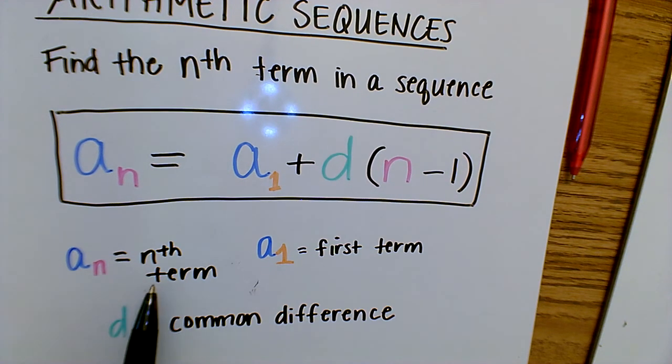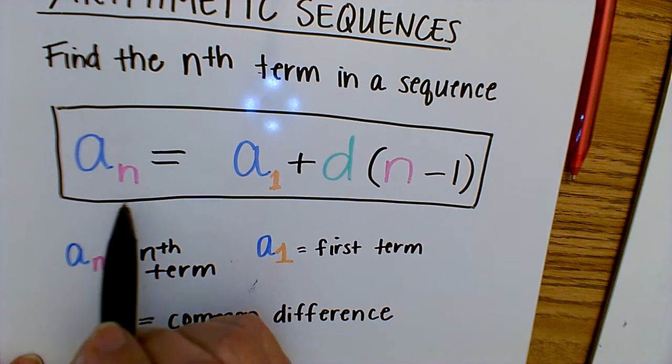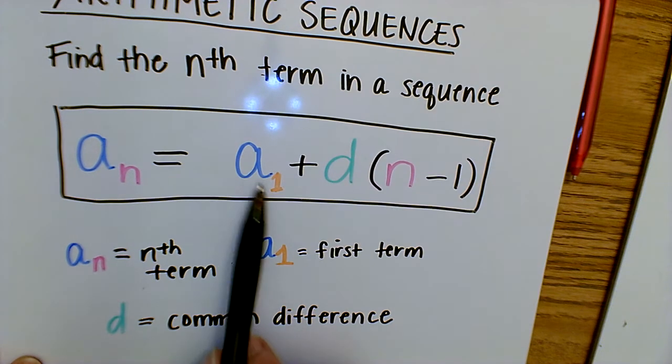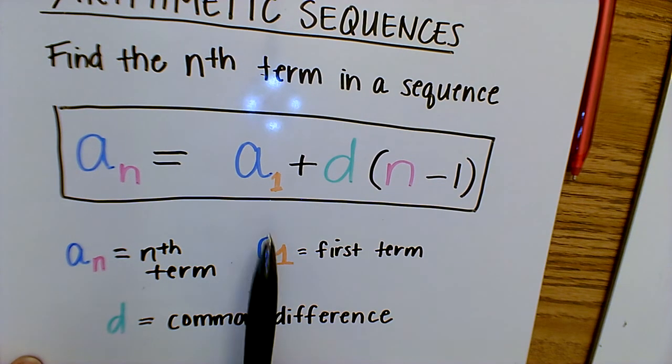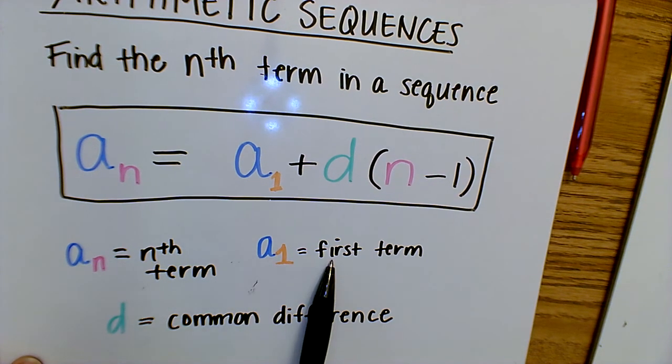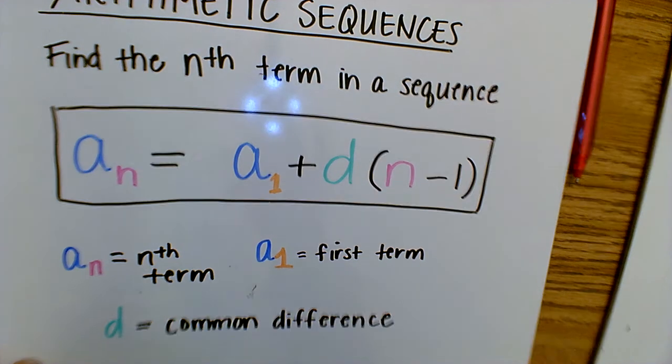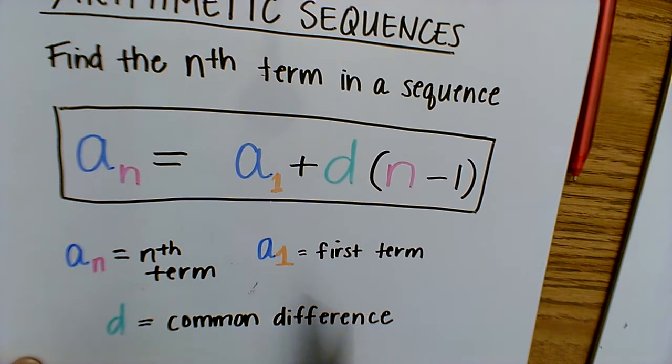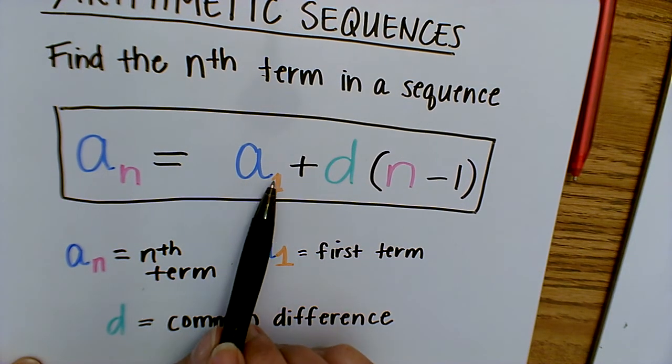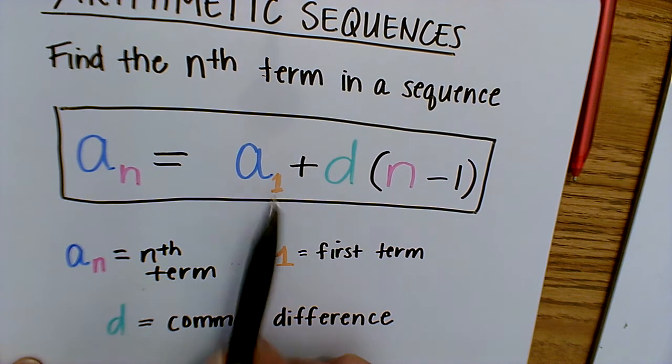Let's say we want to find the 9th term. That would be a 9. The A with a 1 means this is the first term. Whatever is the first term in that sequence is the number that goes in place of this.